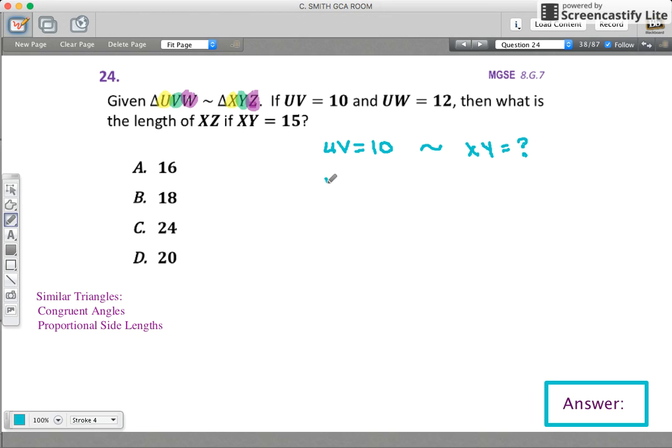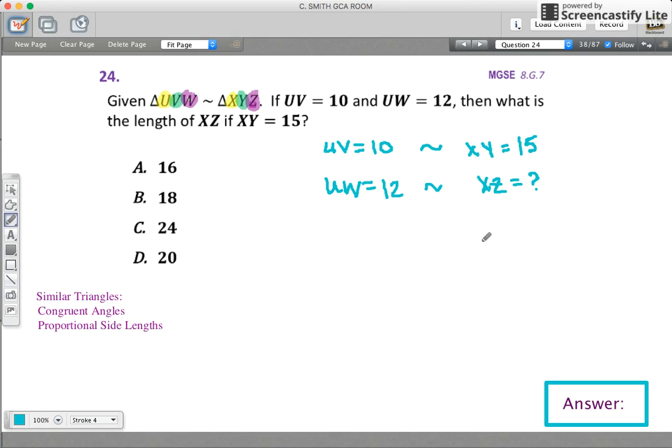We know that UW is equal to 12, okay? And we know that that's going to be similar or proportional to XZ, okay? And it's actually XZ that we're looking for, right? XY up here is actually 15, okay?